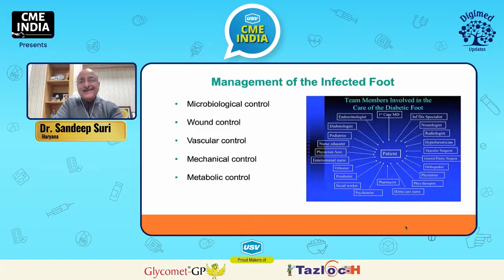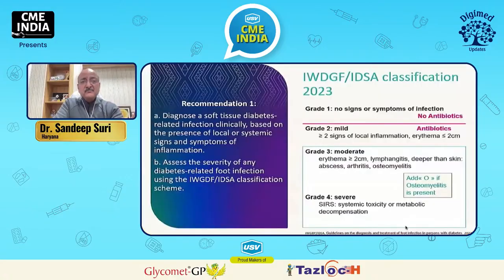No, not unless you follow proper diabetic foot management guidelines, and they require microbiological control, number 1. Number 2, wound control. Number 3, vascular control. Number 4, offloading or mechanical control. And number 5, metabolic control. So all these 5 components have to be there, and you are not alone. There are more than 20 specialists involved in management of diabetic foot ulcer.